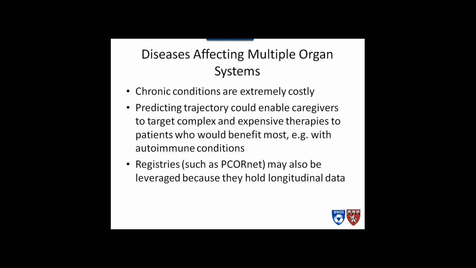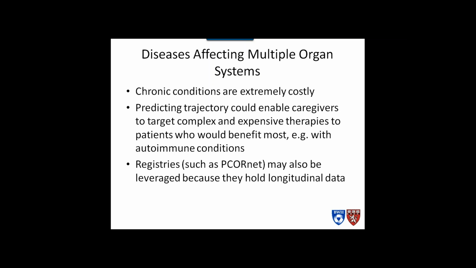We have lots of drugs now, like the biologics, that are very expensive, and they're often used in a relatively idiosyncratic way. So, for example, if we used biologics more effectively in patients with inflammatory bowel disease, we could probably reduce costs, and patients would be better off.